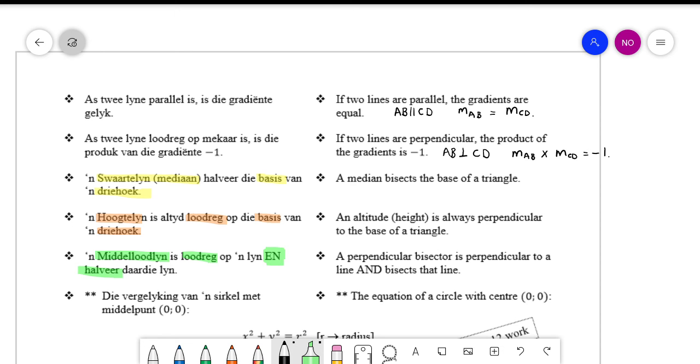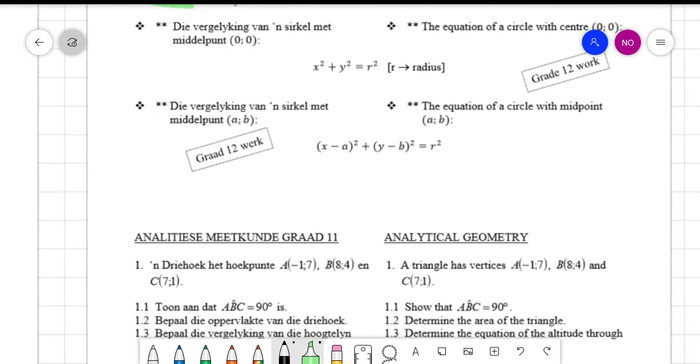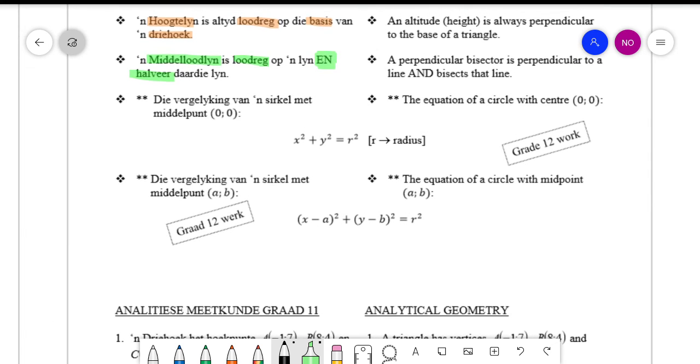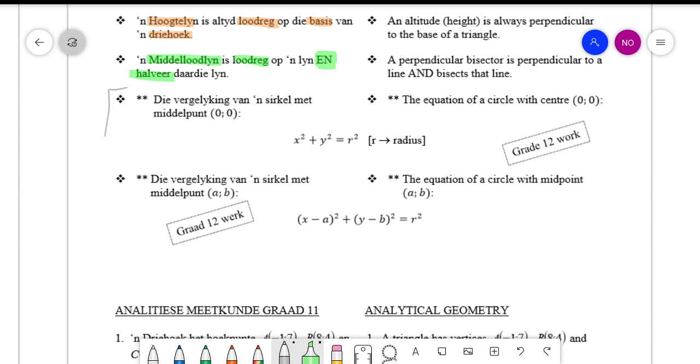Okay. Then for the next part of the work, I want you to take a pencil, not a black Cokie. And just draw a line through this.